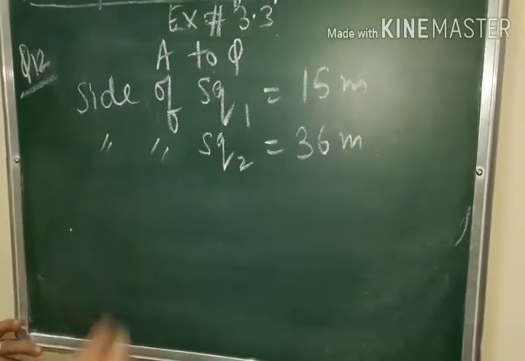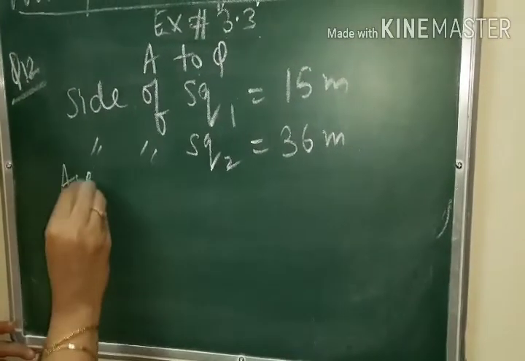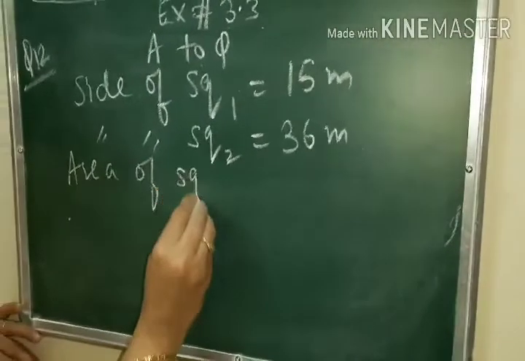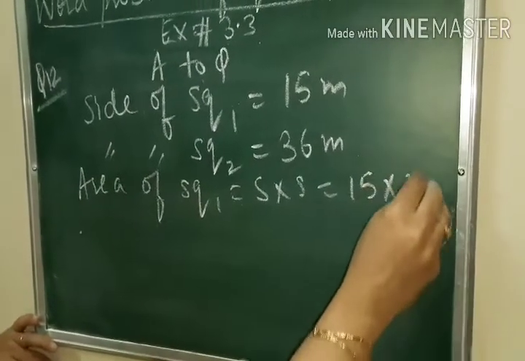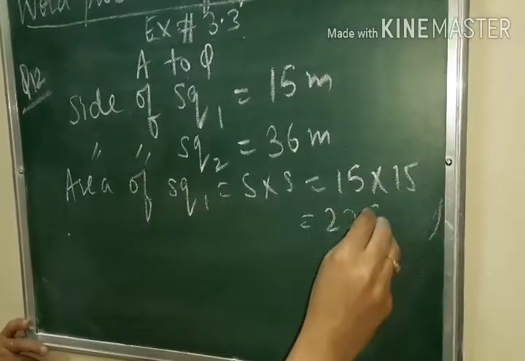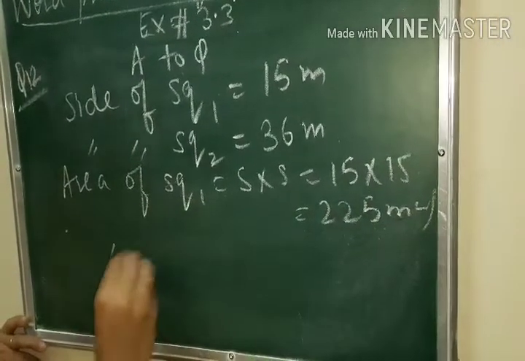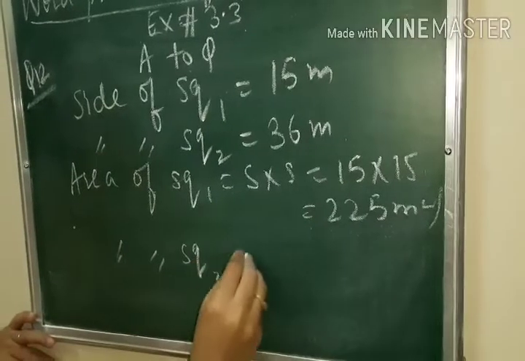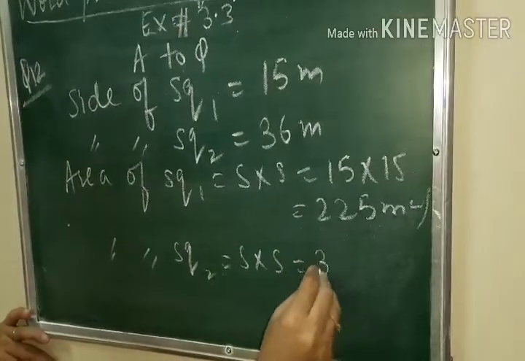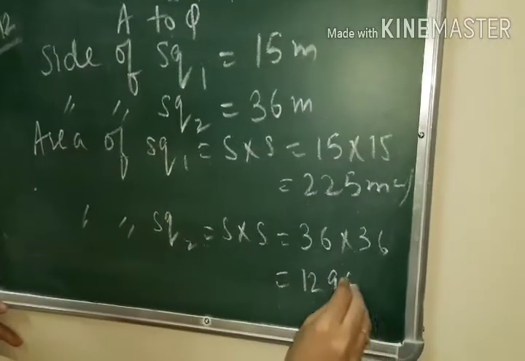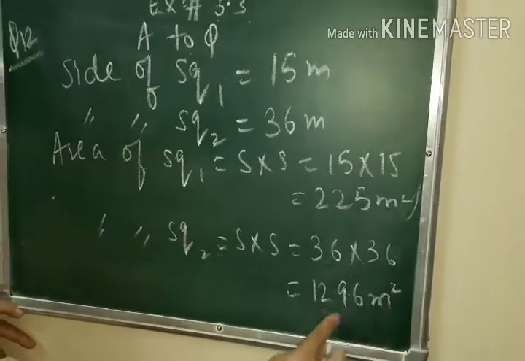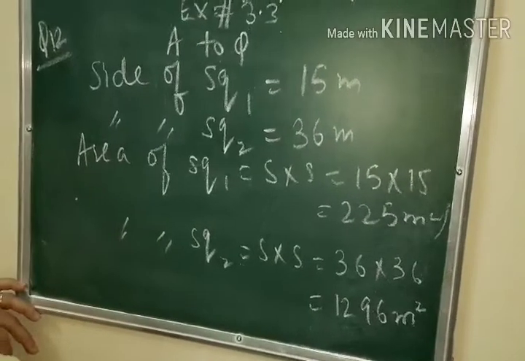So first we'll find the area of these two squares. Area of square 1 will be side into side, 15 into 15, which is 225 meters square. Area of square 2 will be side into side, 36 into 36, which is 1296 meters square. When you multiply this, you will get the answer 1296.